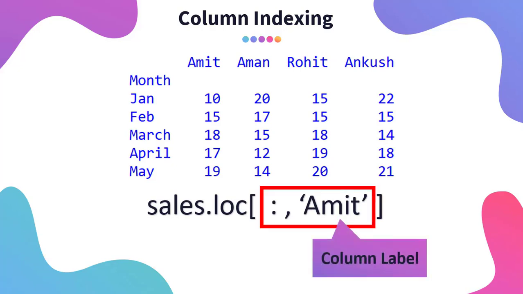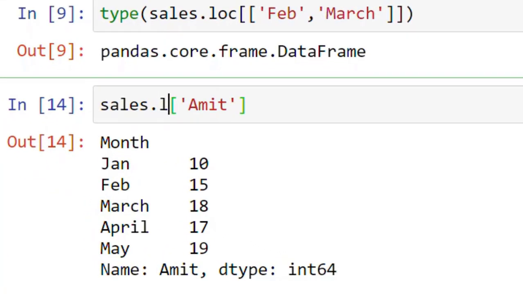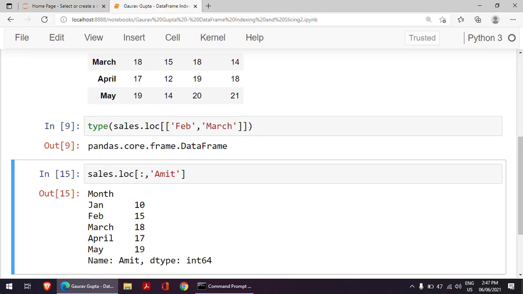Here we have the column label, and this will result into this. And this is a row label. This colon implies that I want all the rows from the DataFrame. So I write over here .loc, and then I put colon and comma. It will give me the same result.